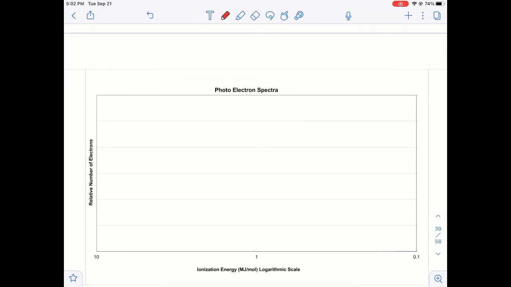I'm going to make the 1s here. I'm going to make the 2s here.